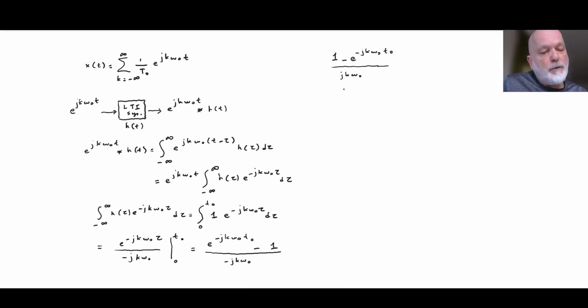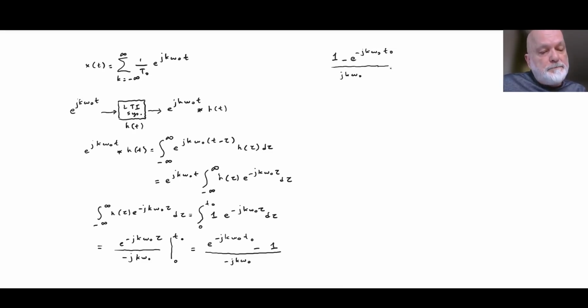This is our complex constant because, as you see, omega 0, t0 are constant terms. For any k, we obtain a constant which is a complex constant multiplying e to jk omega 0 t. This is the system action because the complex exponential function is an eigenfunction.